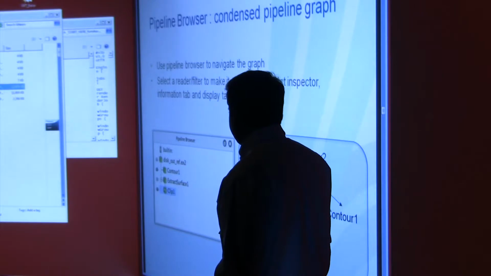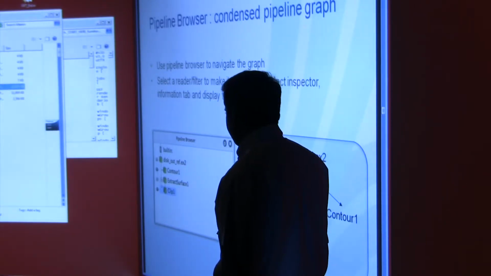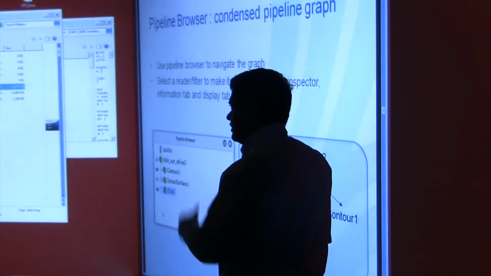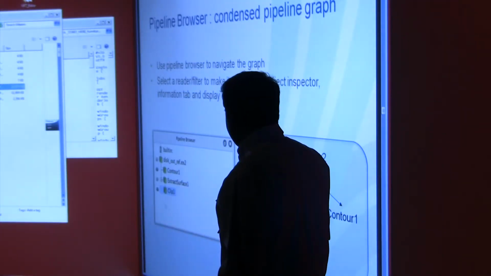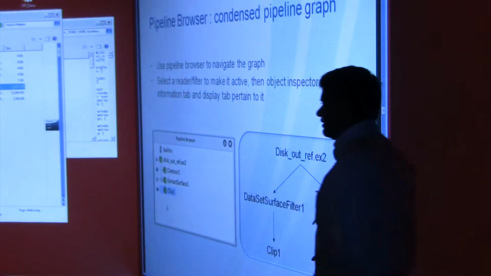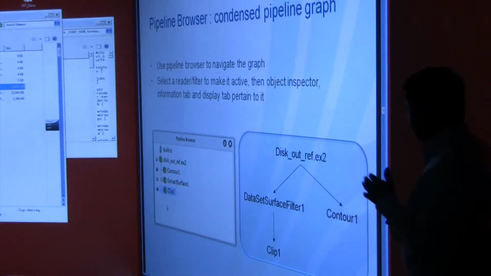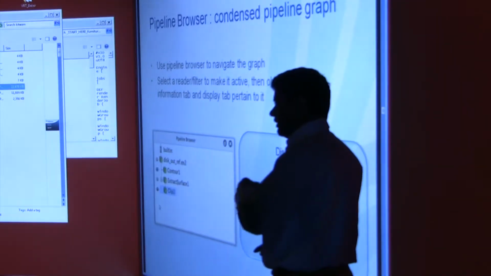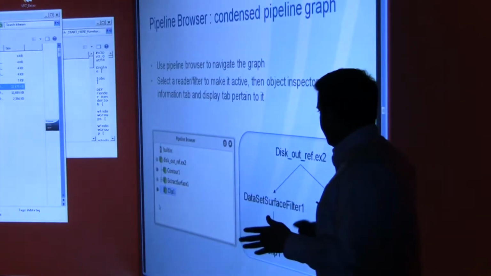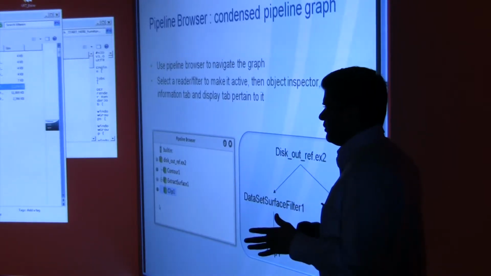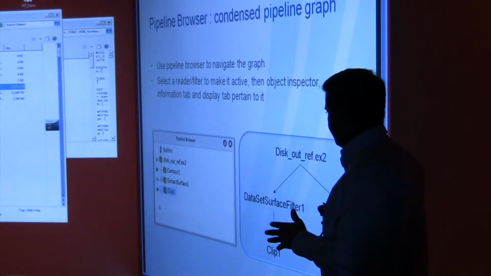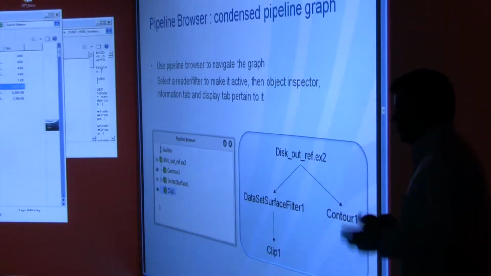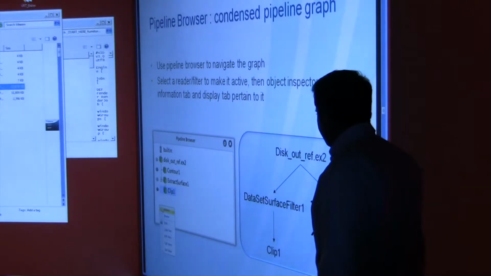Then I extracted the surface on the contour, but I didn't want to show that extraction operation to the user, and then I performed the clipping afterwards on that extraction, and I want to show that to the user. So you can hide and show different stages of the pipeline as and when you need. And this is an important part when you're doing any kind of VR visualizations. You have to know what you're doing to give you proper visualizations within the VR environment.